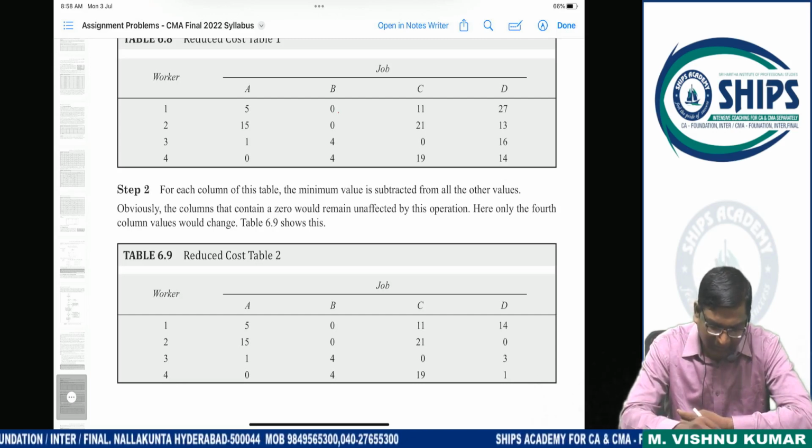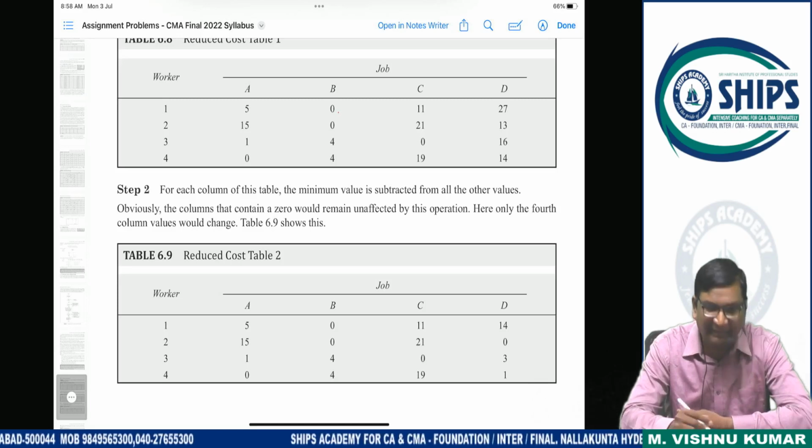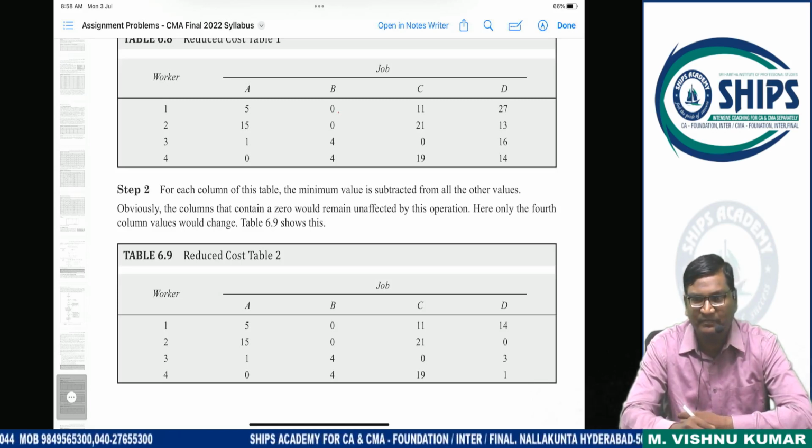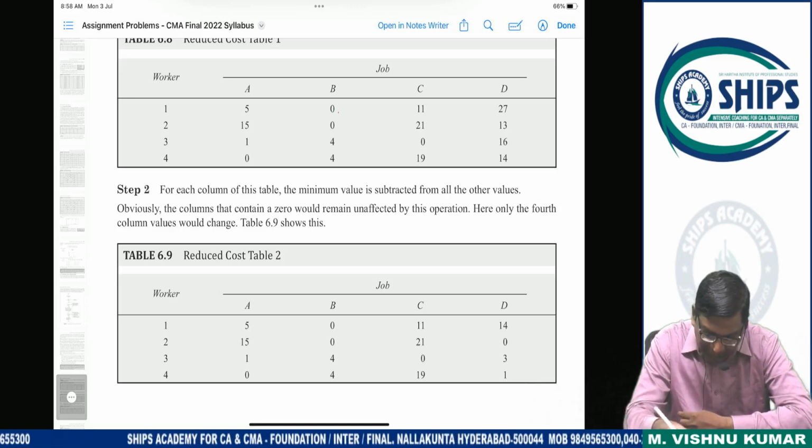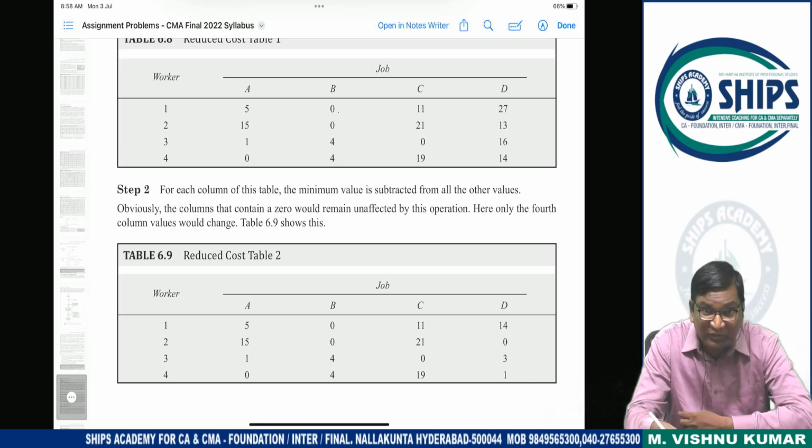If this is given to the third worker, he will take an extra 1 minute. If given to the second worker, he will take 15 minutes extra. If given to the first worker, he will take 5 minutes extra. Like last, if you give job D to the second worker, how much time? 13 minutes. This is the reduced matrix.